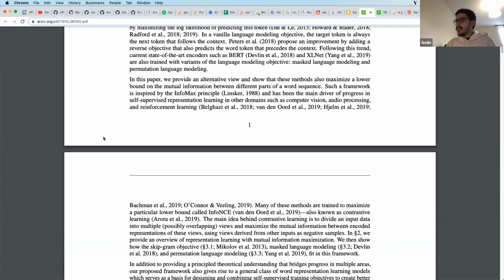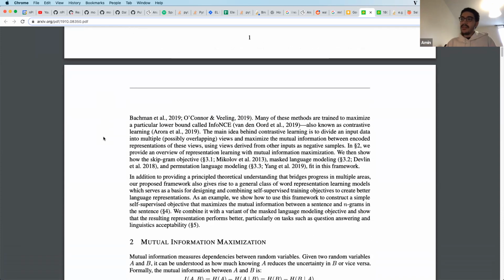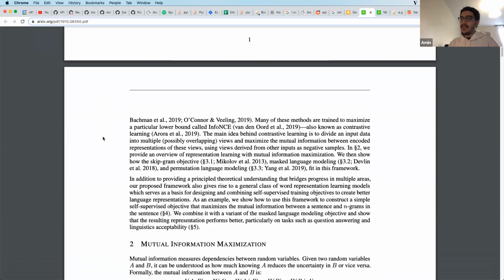Okay, so a big idea in the paper is that of contrastive learning. The idea behind this is, you want to divide your data into different views.